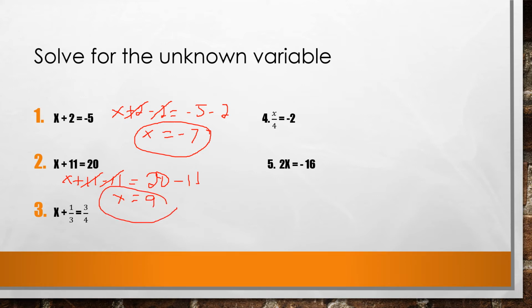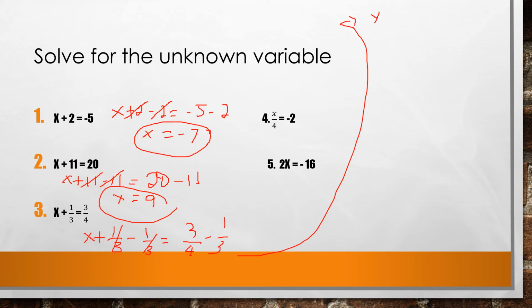Okay. Next, for number 3, x plus 1/3 is equal to 3/4. So we need to subtract both sides by 1/3. So x plus 1/3 minus 1/3 is equals to 3/4 minus 1/3. Okay, so this is cancelled. Therefore, we will use the space here, just like in a regular board.